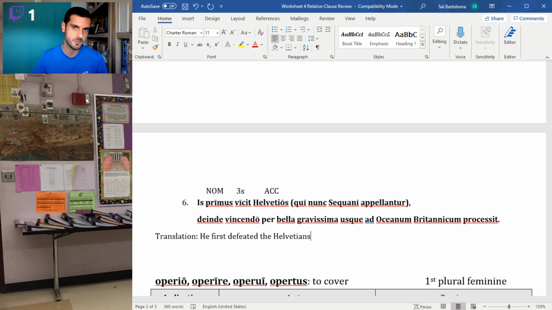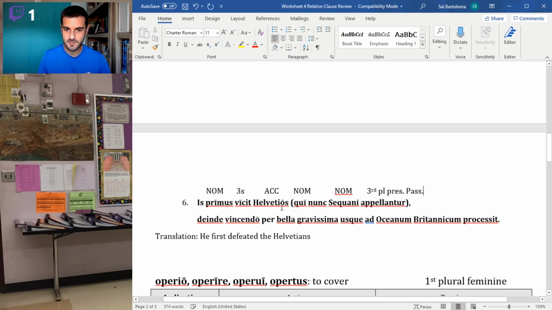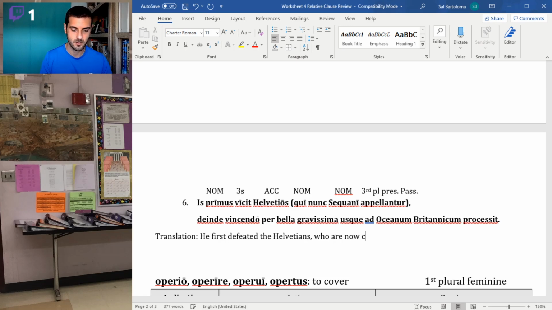So that would basically be Switzerland today. In fact, they still refer to themselves as Helvetians or Helvetica, I think. He first defeated the Helvetians, qui, who, nunc Sequani appellantur, for the French students. Appel, right? Call. So this is third plural present passive. So he first defeated the Helvetians, who are now called the Sequani.